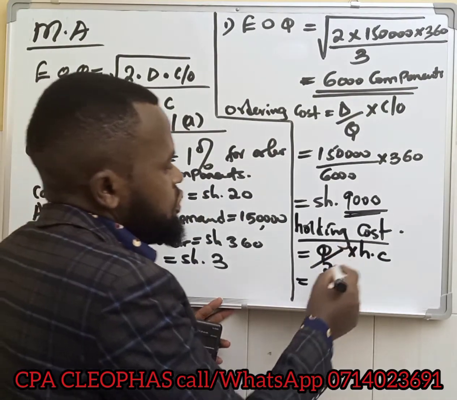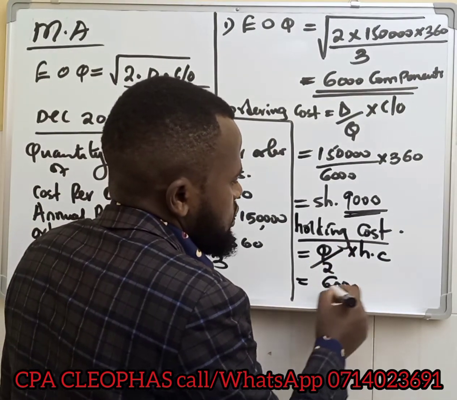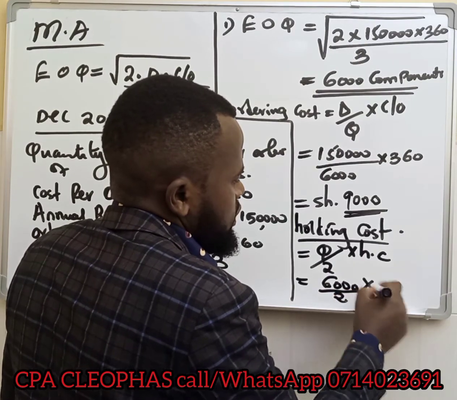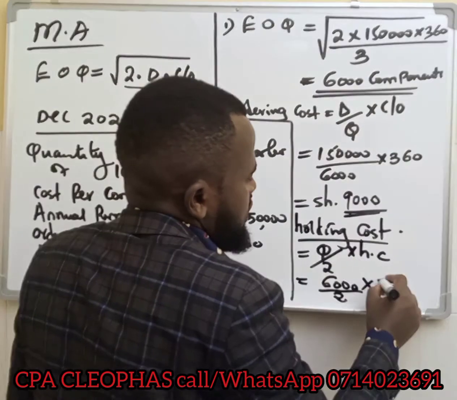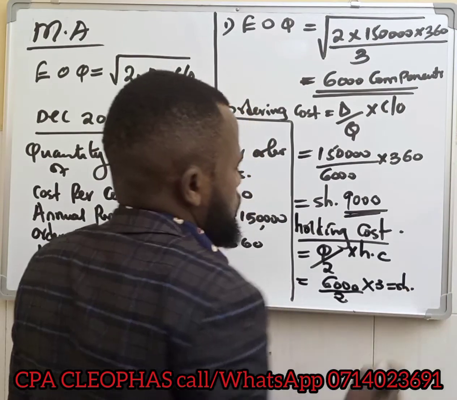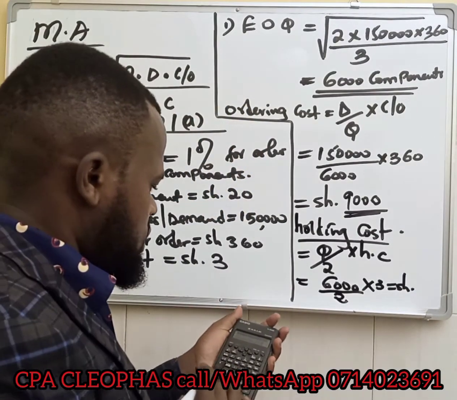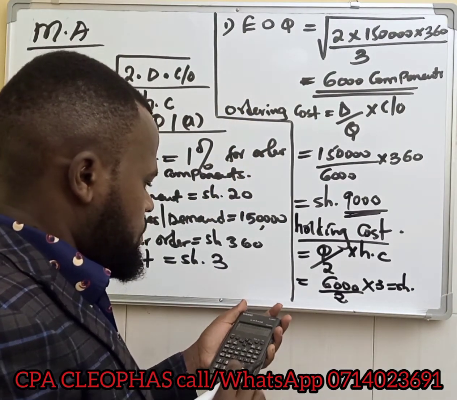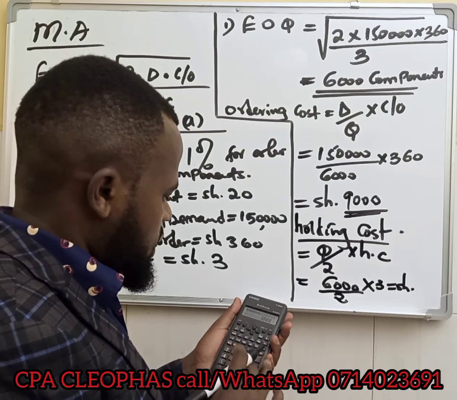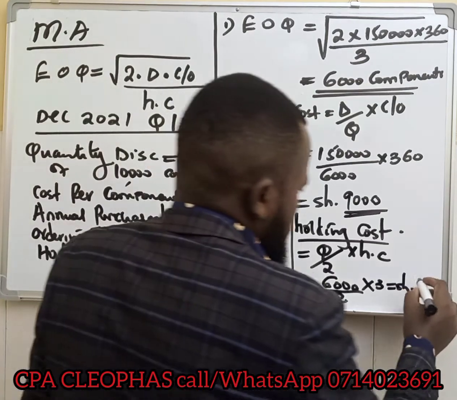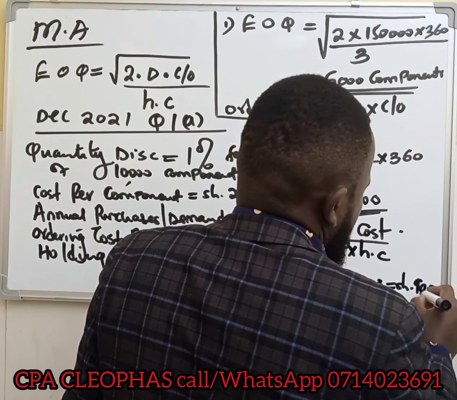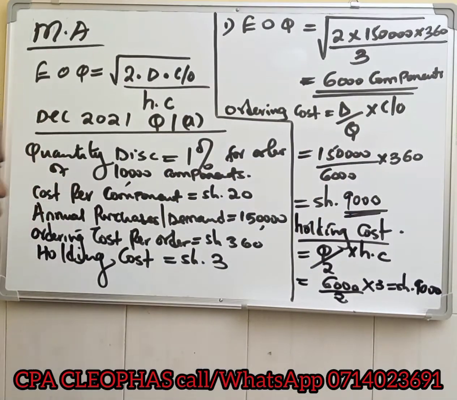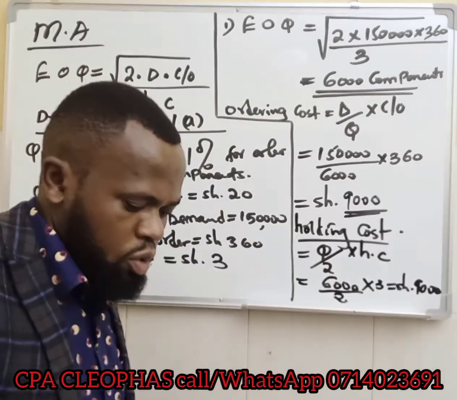Now, our Q is EOQ, 6,000, divided by 2, times the holding cost of 3. So 6,000 divided by 2 gives 3,000, and 3,000 times 3, you'll get 9,000 as the other one. So that is the holding and the ordering costs.